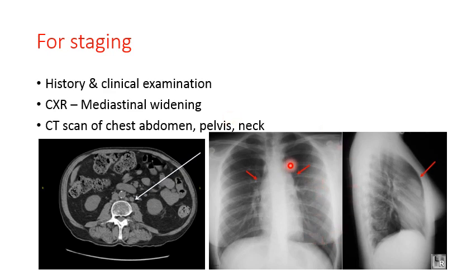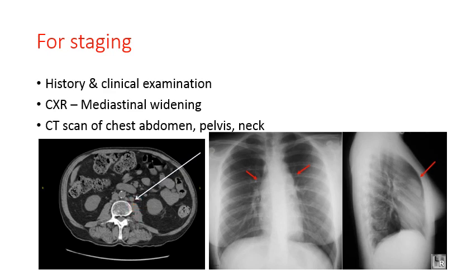Now this is a chest X-ray showing mediastinal widening and also the mediastinal lymph nodes. And this is a CT showing para-aortic lymph node enlargement.